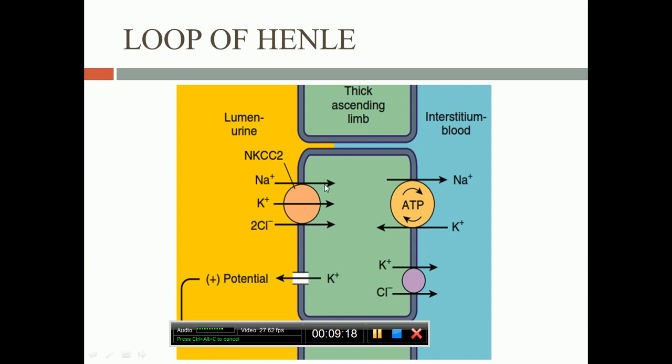This sodium which comes here is antiported against the potassium. Then potassium comes here, and some of the potassium goes outside, while some of the potassium is reabsorbed with chloride ion.